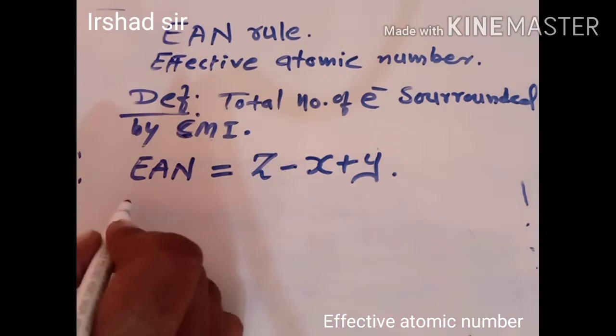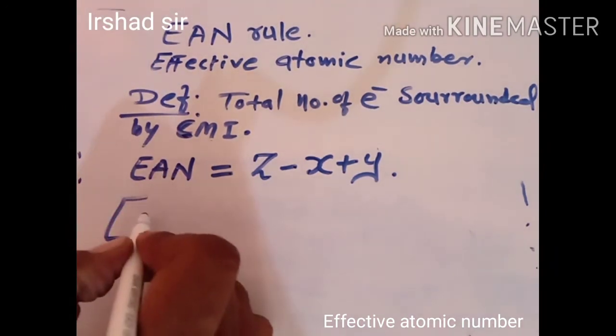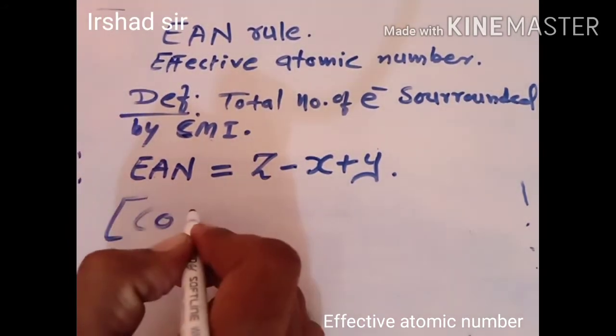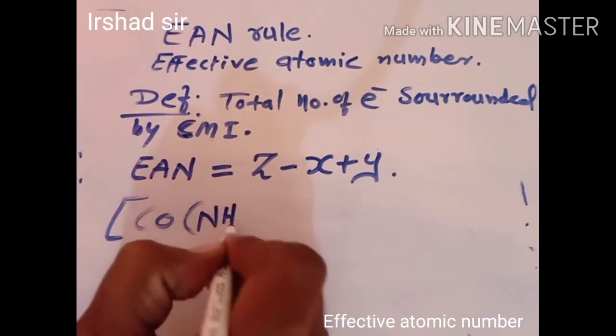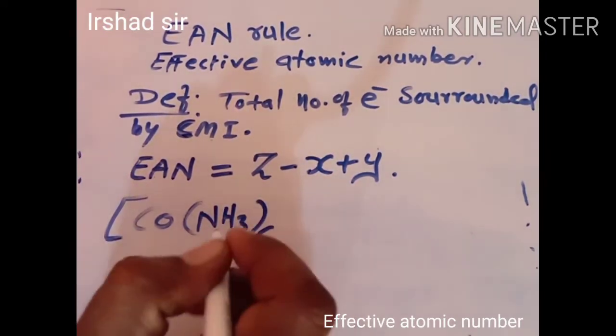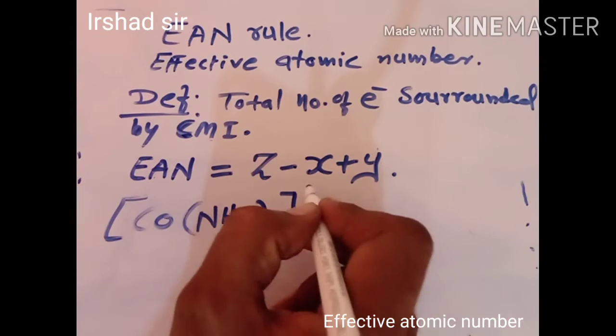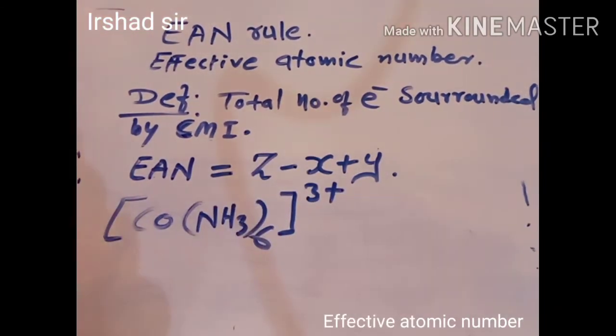Now, as an example, we have the complex [Co(NH3)6]3+. We have to calculate the effective atomic number, or EAN, of this complex.